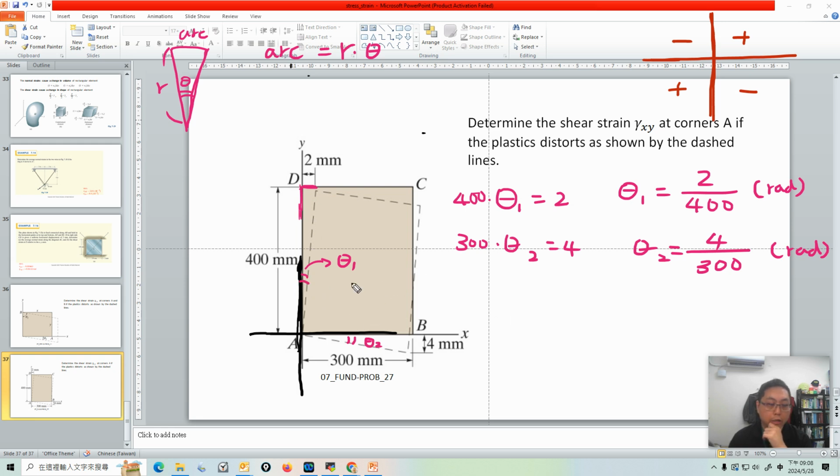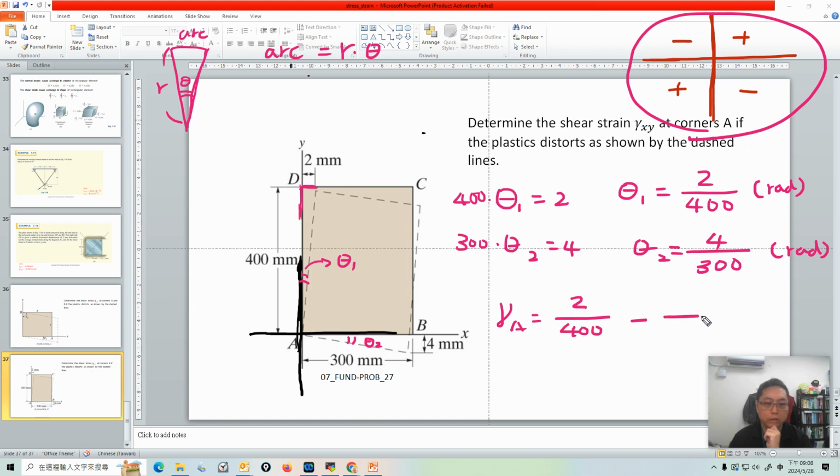The next question is what's the sign of theta 1 and theta 2? Don't forget the quadrant rule. The deformation for theta 1 is in the first quadrant, and the deformation of theta 2 is in the fourth quadrant. So theta 1 will be positive and theta 2 will be negative.